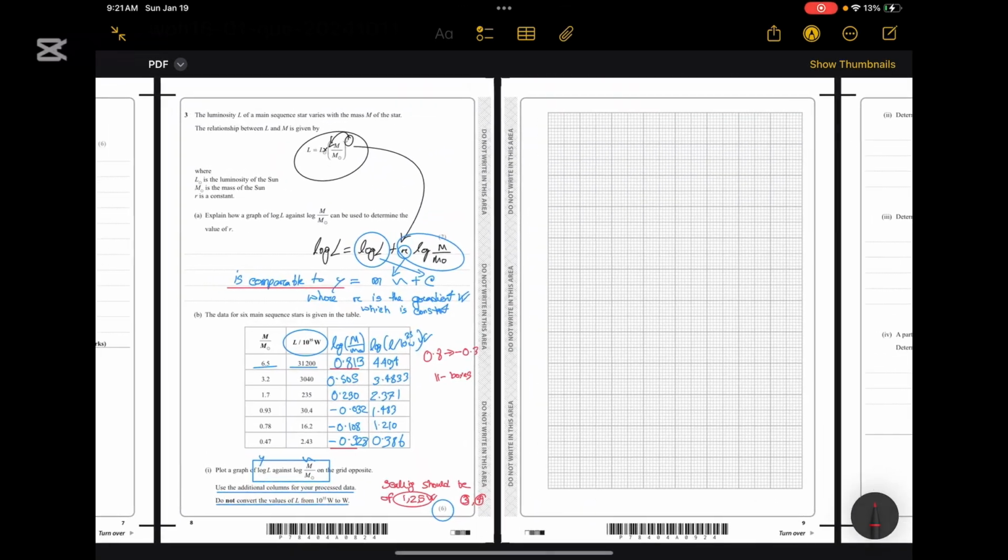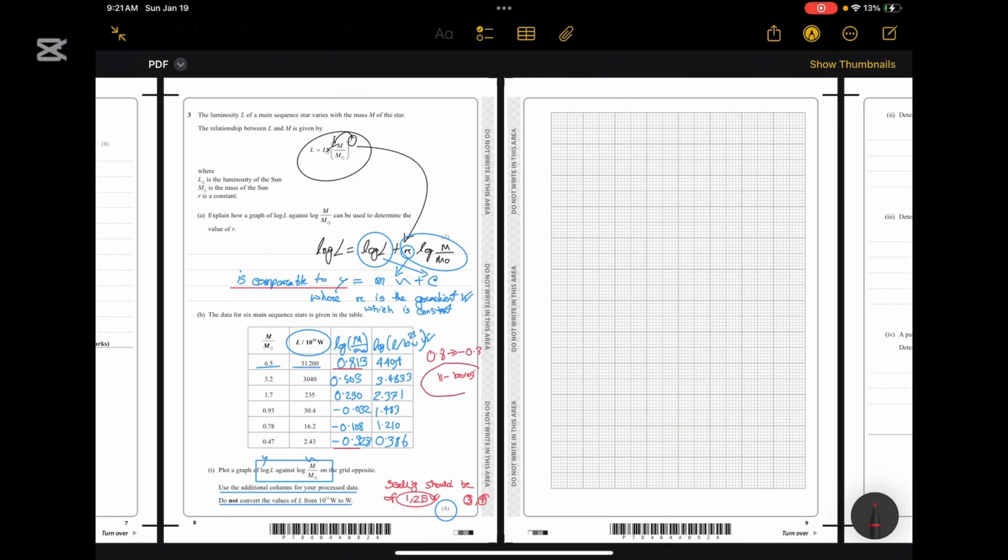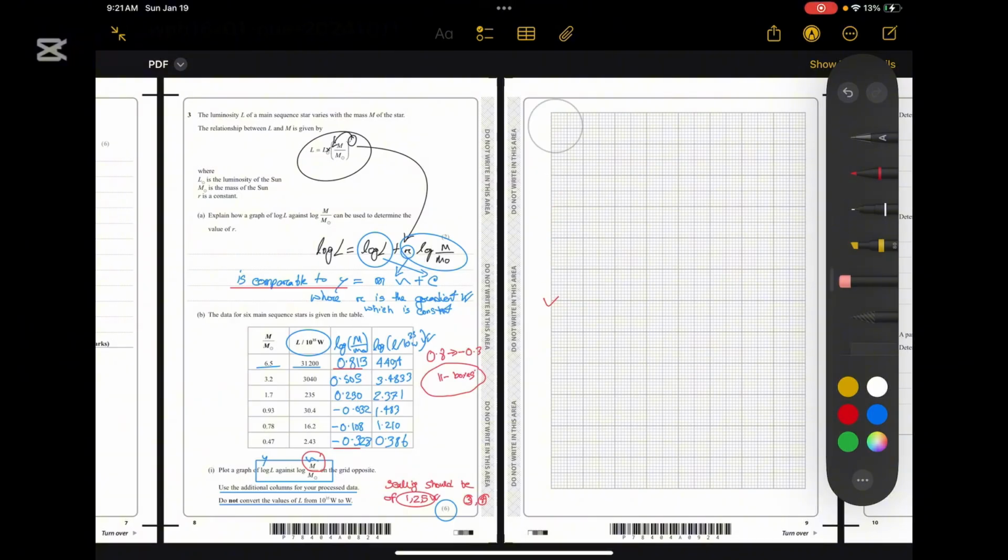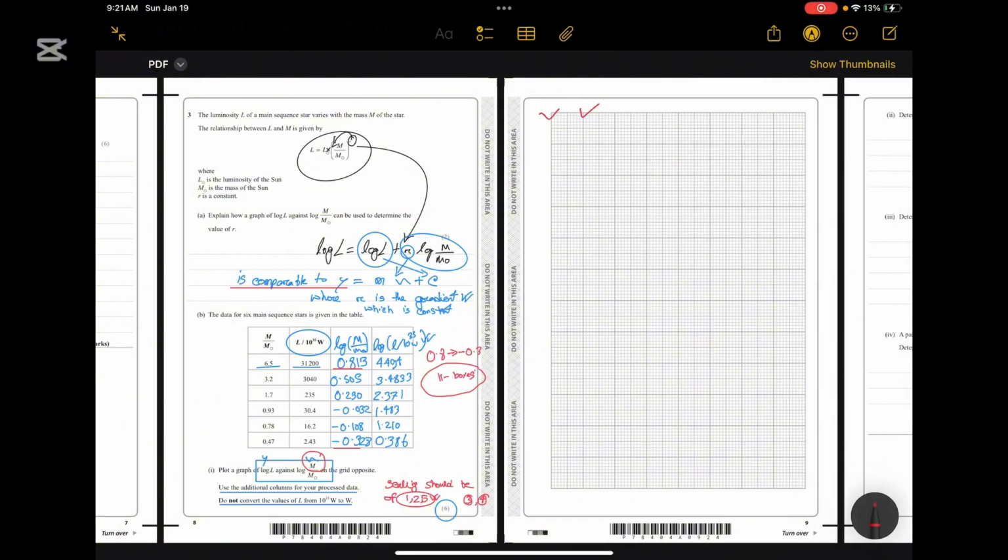I'm going to show how I'm going to scale these values. Come on, let's go into the graph. Here we need 11 boxes. Actually, log M is our x-axis, sorry, my bad. So let's take it from here: 1, 2, 3, 4, 5, 6, 7, 8.